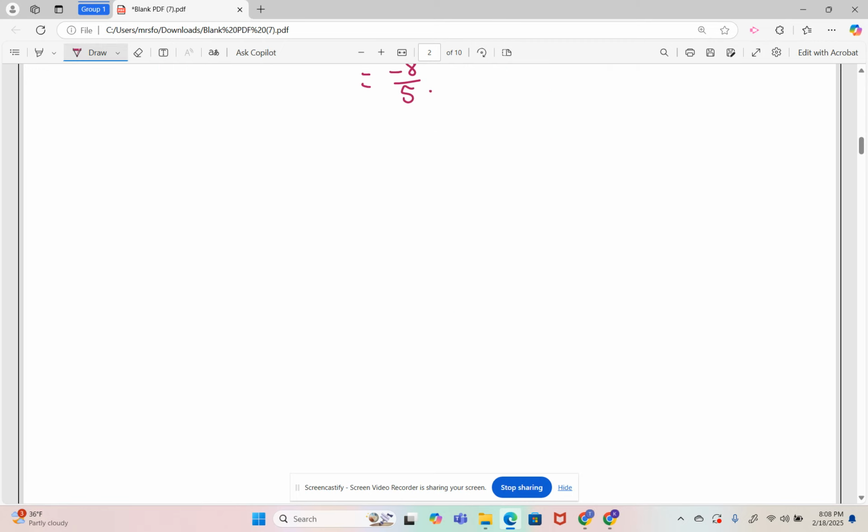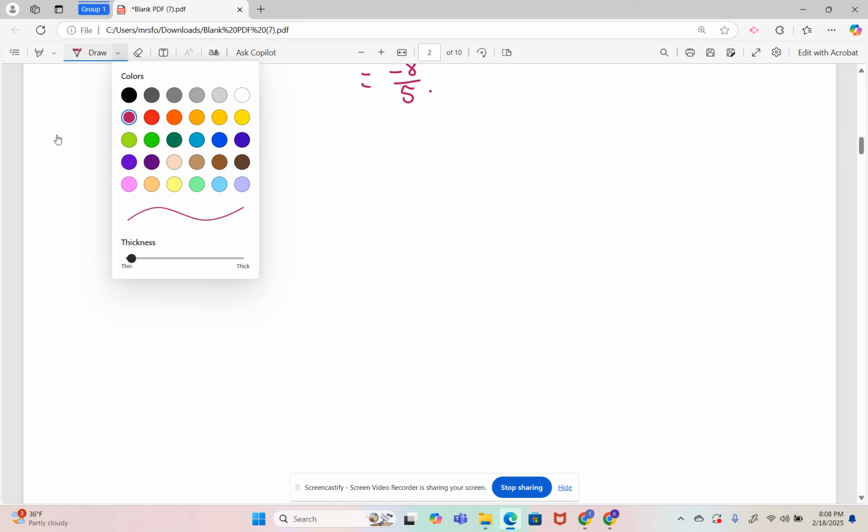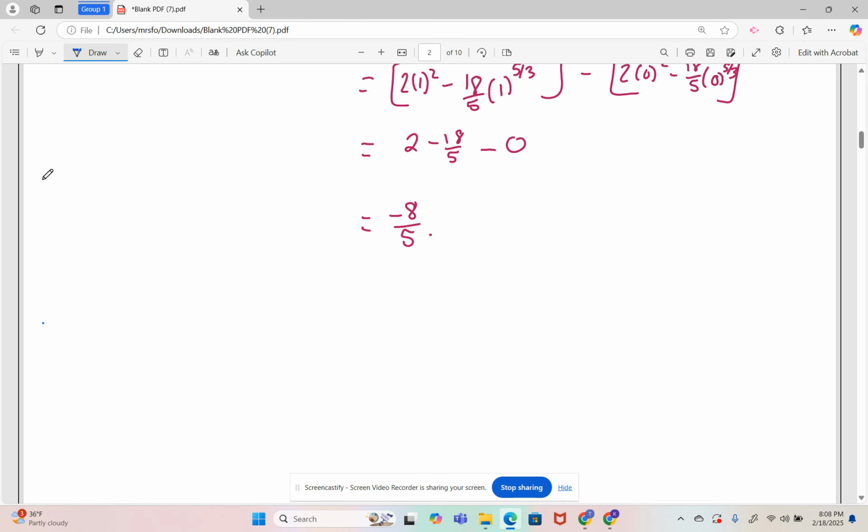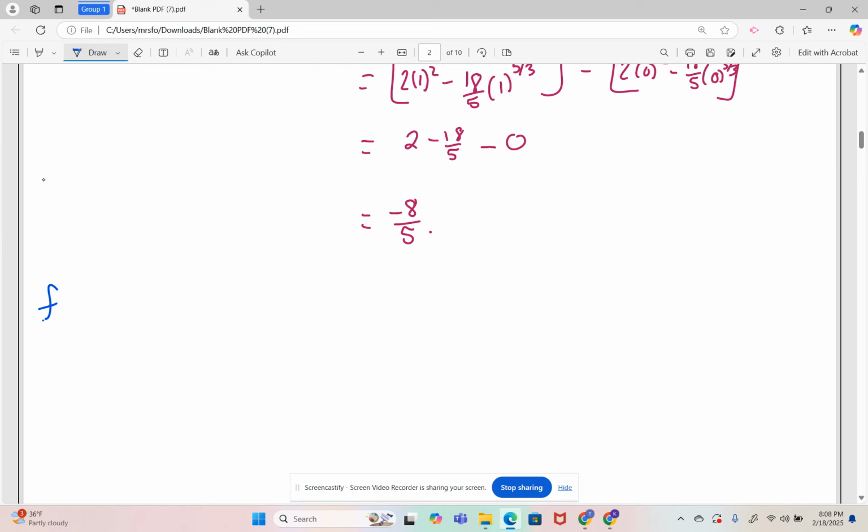I'm going to do a new color. I just think it's easier when you're reading through the notes. But now I forgot what letter we were on. All right, so let's look at F. Let's do F. All right, so I said I was going to do a trig, but I'm not. You'll see. So let's do the interval from -20 to -1.